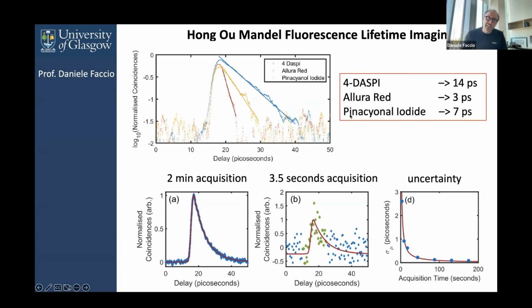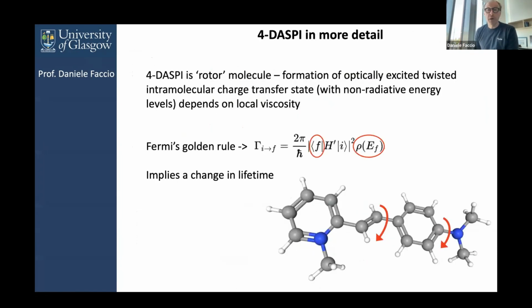Now, one of these molecules, the first one, this 4-DASP molecule, in terms of applications, at least for us, is particularly interesting because this forms part of a family of molecules called rotors.